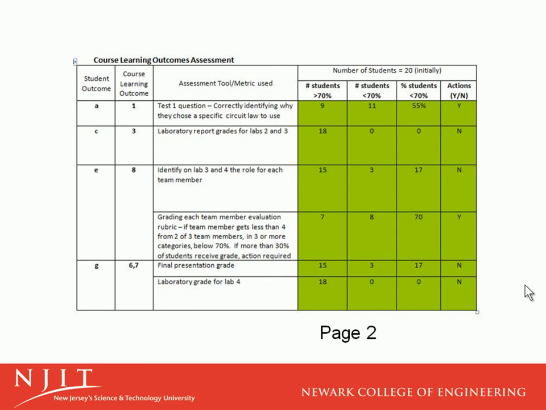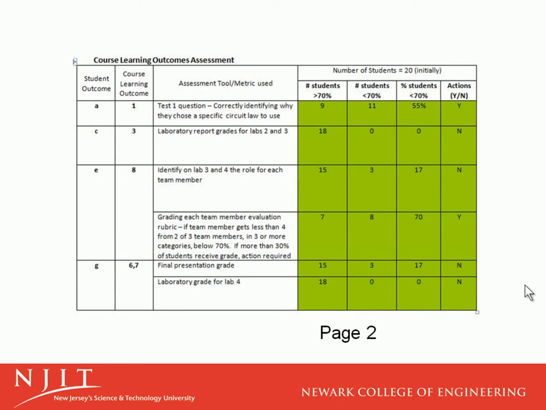And if you look at the table, we have the student outcomes, which are the program outcomes that are coming from this course and possibly from other courses. We have the course learning outcome that's tied to that student outcome. We have an assessment tool, and we have a metric that's used. And then we have a table that basically says how many students, and in our case we looked at a grade of 70%, were above or below.